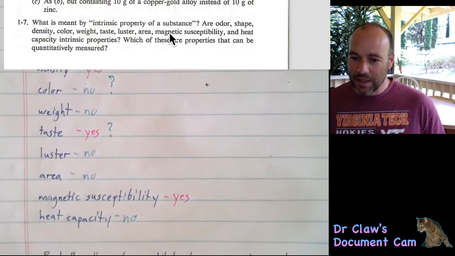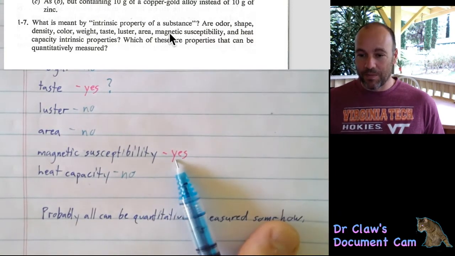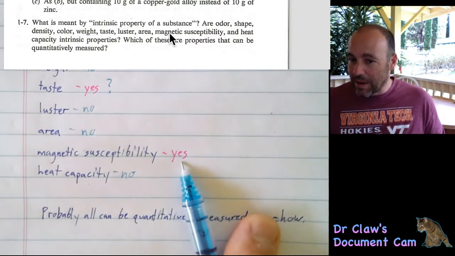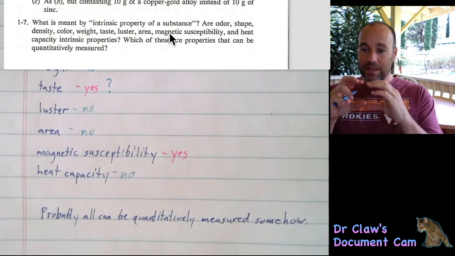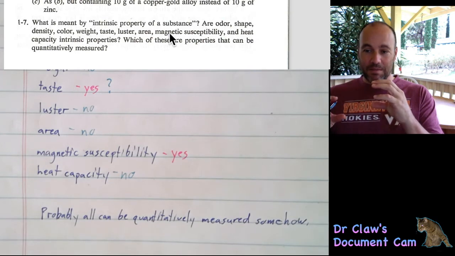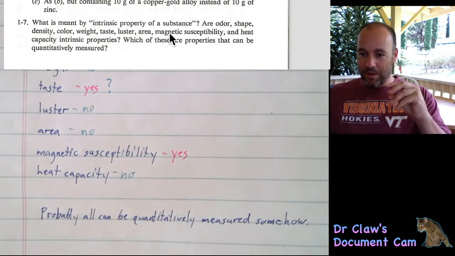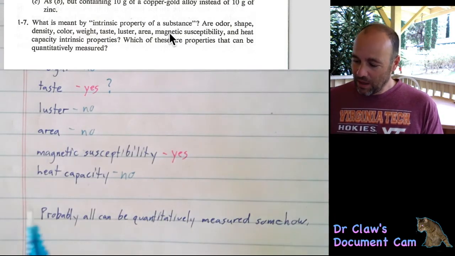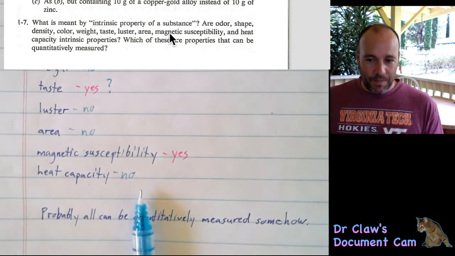Magnetic susceptibility, I would say it is an intrinsic property. You know, if you can magnetize something, it probably doesn't matter. Its ability to be magnetized doesn't depend on how much you're talking about, okay? Or whether it's finely divided. Heat capacity is not an intrinsic property.